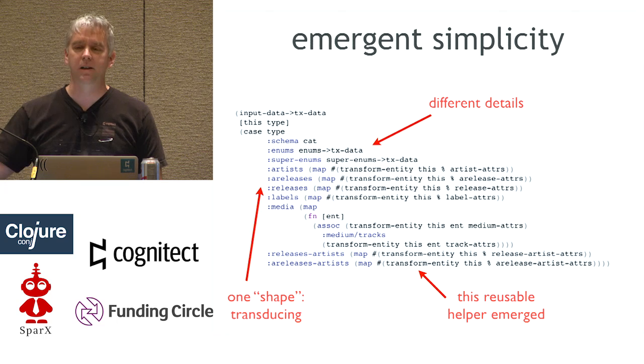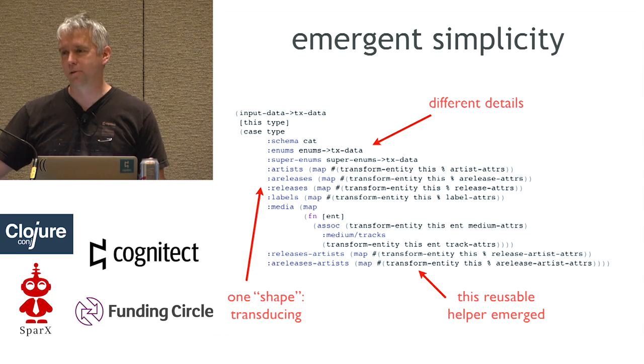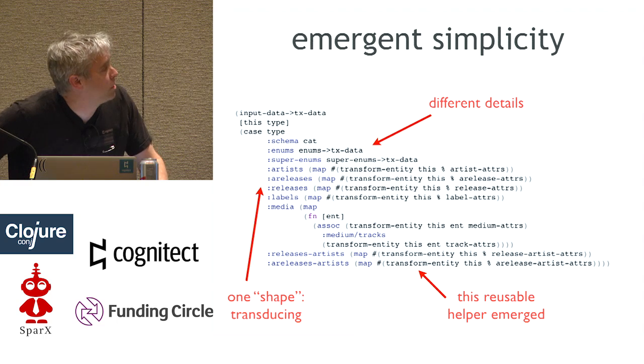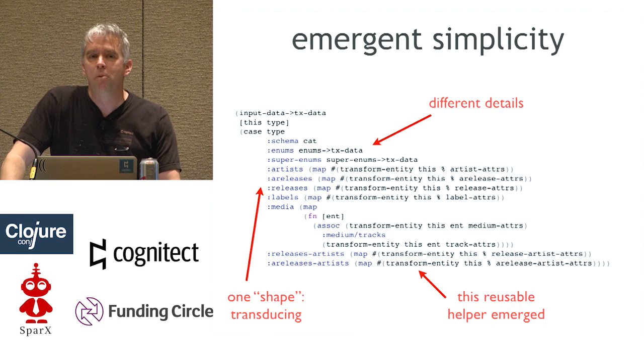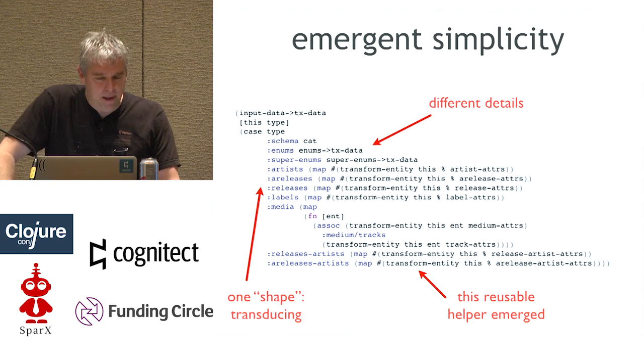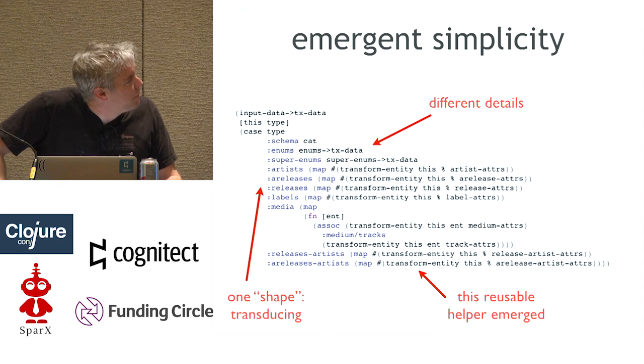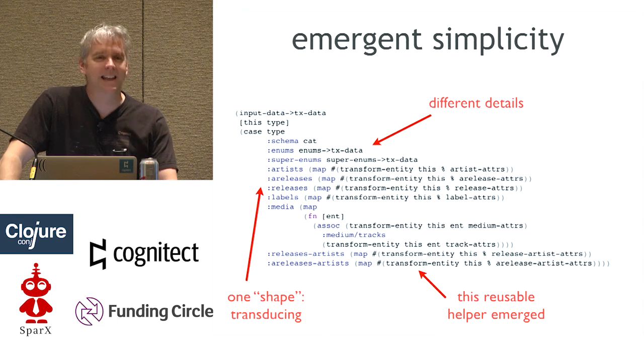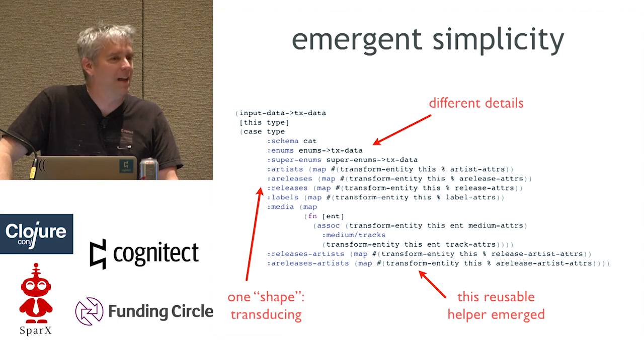Right? None of those 10 entity conversions were described as transductions before because transducers didn't exist, and some of the transductions were entirely trivial. But once I wrote it this way, it became blindingly obvious that there was this helper function hiding in there called transform-entity, whose logic was split out across a bunch of different places and didn't appear in some places where it could have appeared and had some ad hoc code.